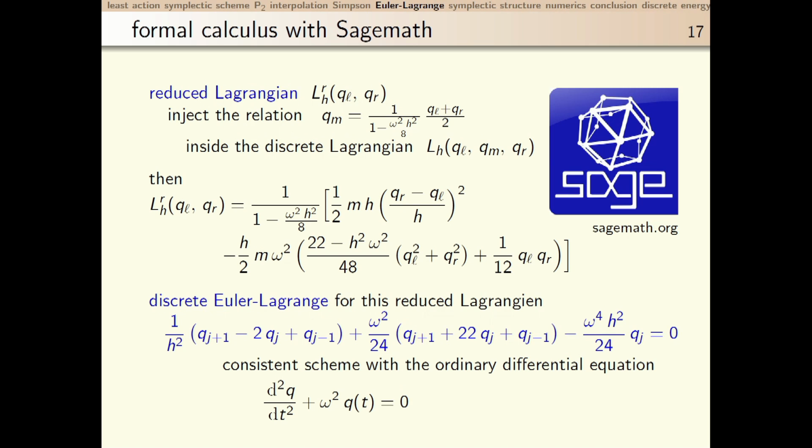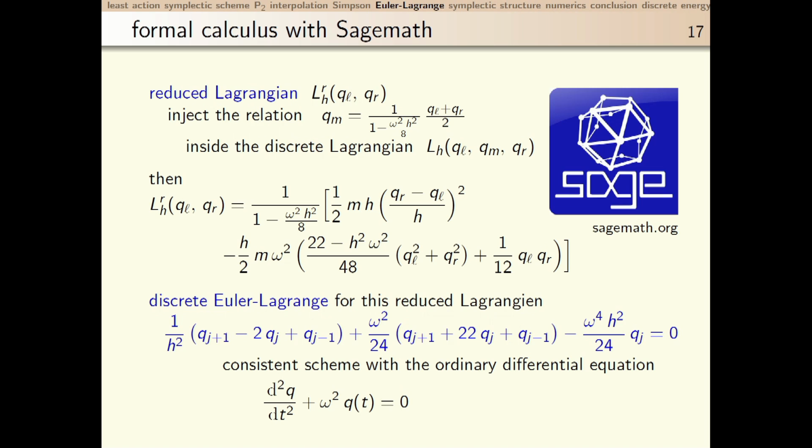So now you can go to the previous step, replacing your q_m in the previous expression. Therefore, you have a reduced Lagrangian, which has this expression, and I'm too old to do this by hand, so I'm using my favorite software for formal computation, which is SageMath. And when you have done that, you obtain a discrete Lagrangian, which is absolutely not trivial.